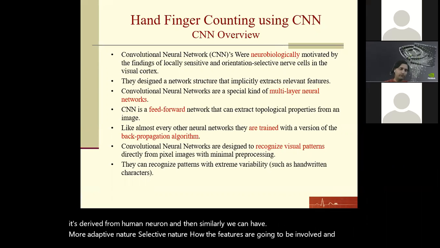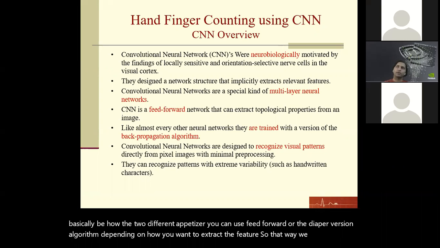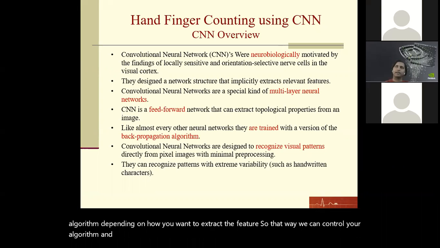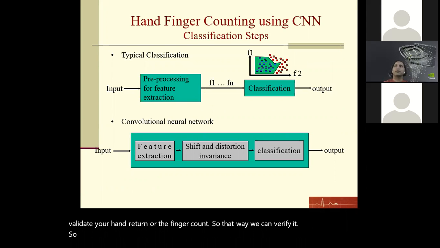We have two different approaches: either you can use feed forward or the backpropagation algorithm, depending on how you want to extract the features. That way we can control your algorithm for training purposes. And there are other parameters to validate your handwritten or finger count, so that we can verify it. So how is classification going to work typically?